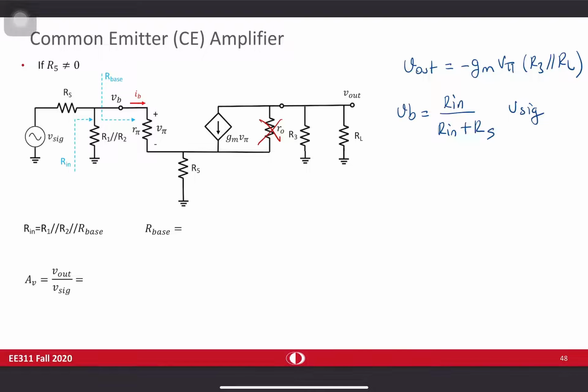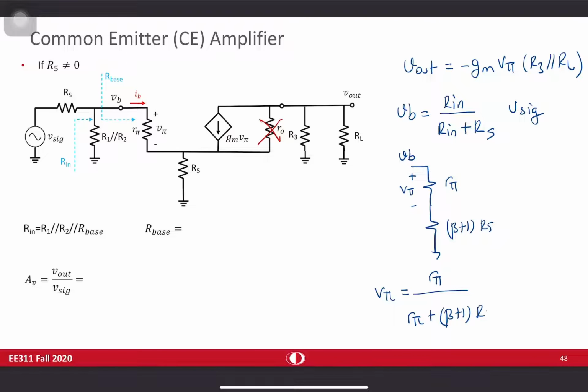Now I need to write V pi in terms of VB. Remember the reflection. The circuit is something like this, if you use the reflection from the left side. R5, R pi, V pi, this is VB. So I can say that V pi is equal to R pi divided by R pi plus beta plus 1 R5 times VB.